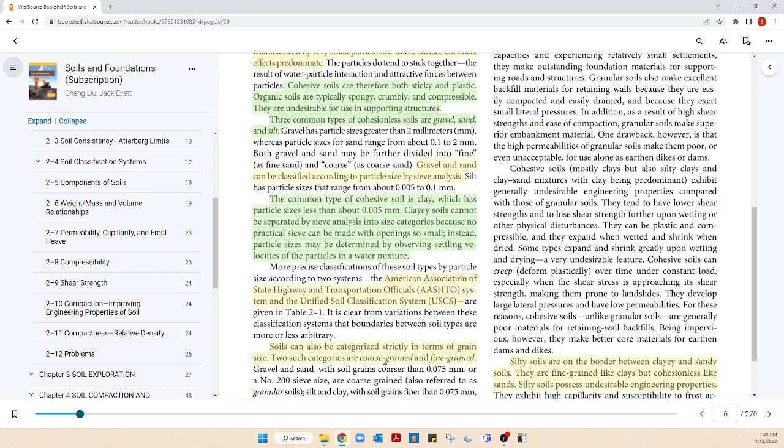So you just get the granular materials, which are on the left of the chart and more predominant, out of the way, and then all you work on is the silt and clay materials. So that's where you'll always begin.